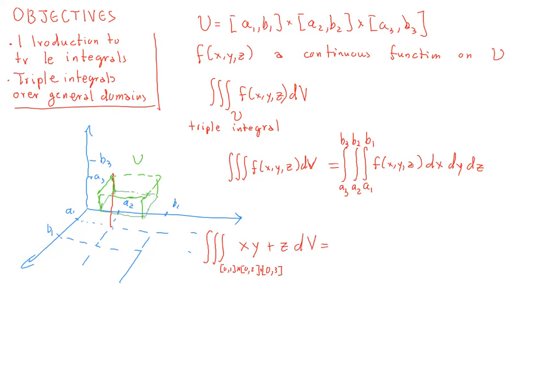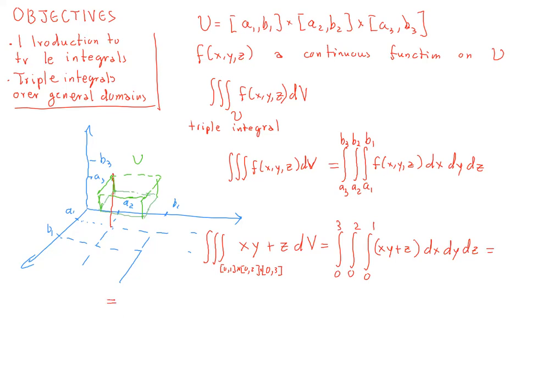And we begin by writing this as an iterated integral. So this will give us the integral from 0 to 1 of xy plus z dx, and then 0 to 2 dy, and then 0 to 3 dz. Let's carry out the first integration.